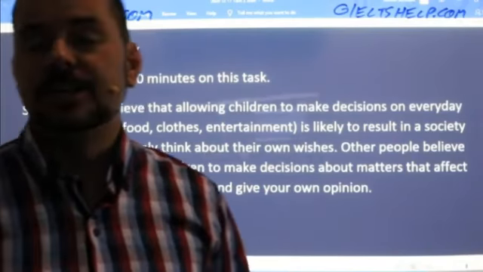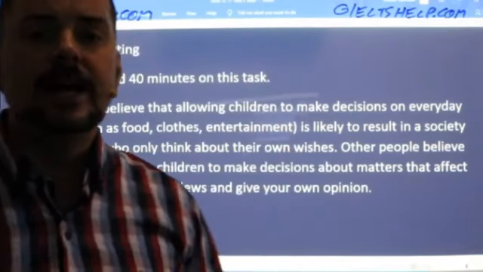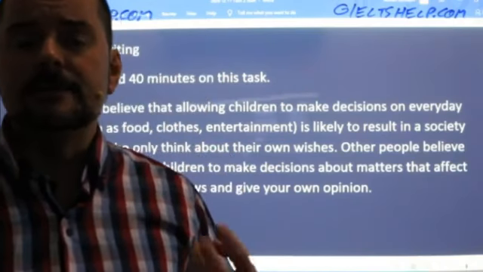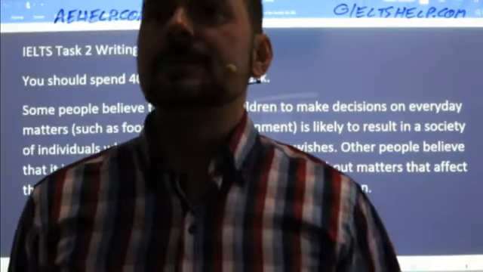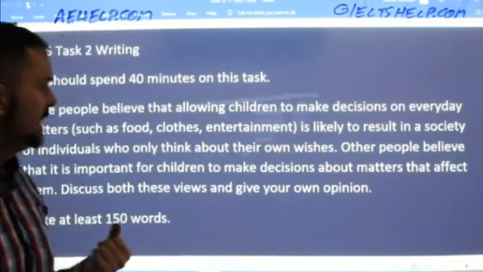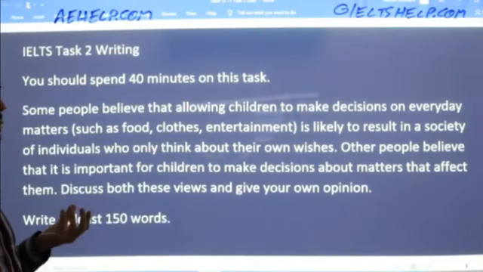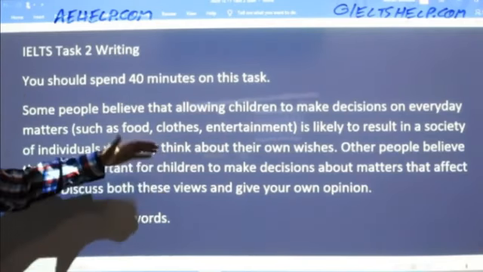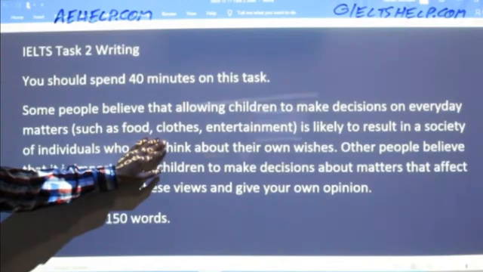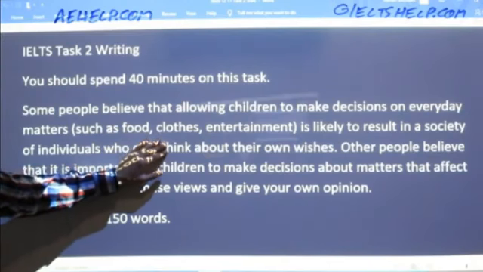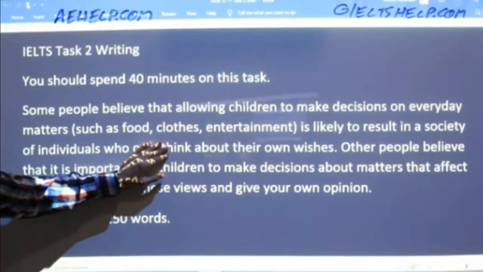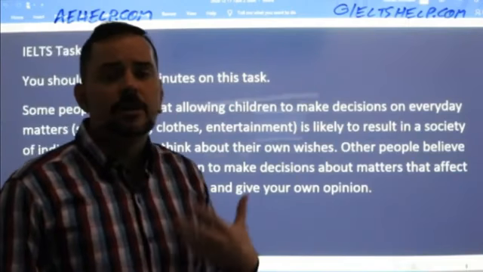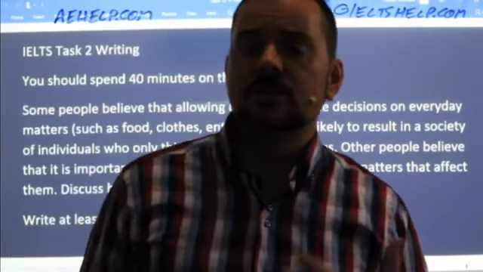Okay, an interesting question. And of course, IELTS is discussing a topic that is a common question to many people around the world. Members, have you noticed that oftentimes the questions for task 2 writing, and by the way speaking part 2 also, are usually questions that many people in many different cultures are thinking about in their day-to-day life, because it's a part of their modern existence or their modern experience?